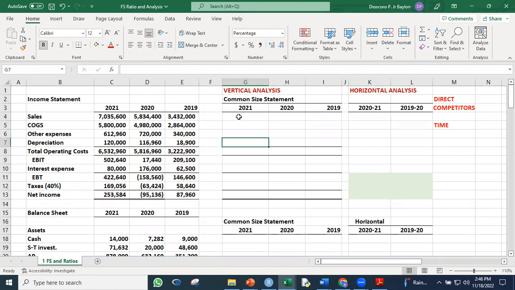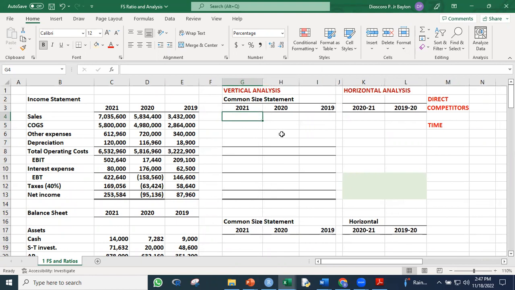So I'd like you now to write a formula here, and please put it in the chat box, so that I can copy the formula to the right and down. There should only be one formula for all the cells here in order to create the common size statement.